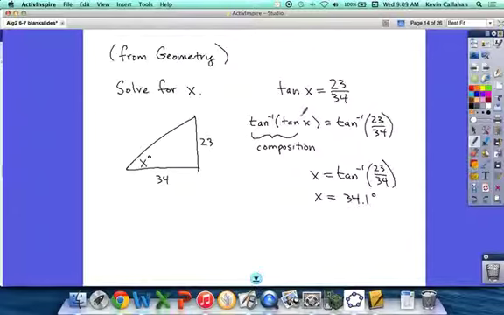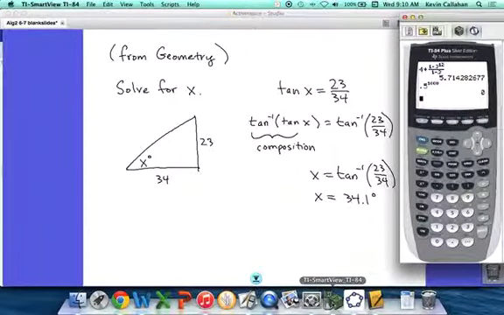And the whole thing simplifies. When you do the tan inverse of the tan, they cancel each other out, and all you get is the x. So the way to peel back the tangent to get at the variable which is inside is you do an inverse function. On your calculator, if you look right above the tangent, you see tan inverse.